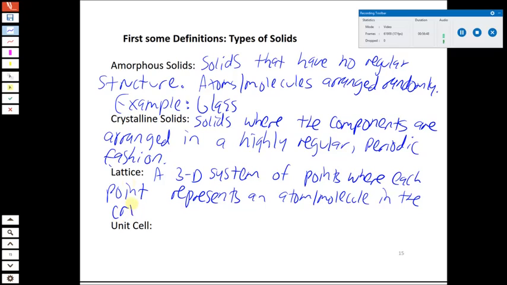So it's the three-dimensional system of points that defines that crystal, and each of those points is an atom or a molecule.